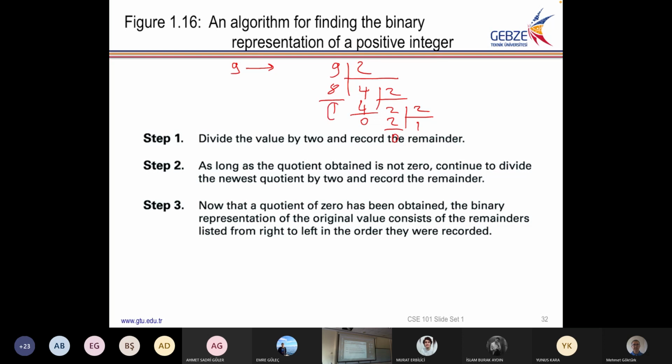So what you take is 1, 0, 0, 1. That clear? This is how you divide. So you start dividing, and the remainders are written as digits.